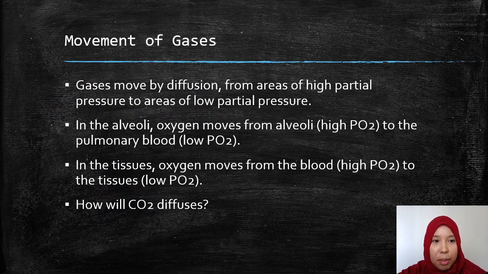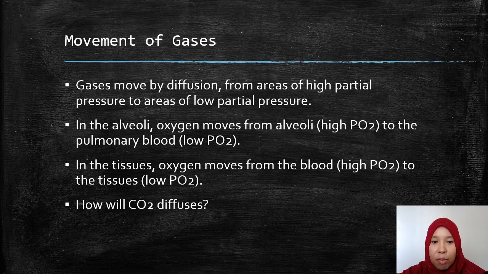Alright, now let's talk about the movement of gases. Gases move from a higher concentration to a lower concentration, and this is the gas law. What does higher concentration mean? It simply means there are more gases in a certain area, which we call a higher concentration, or a high partial pressure of that gas.